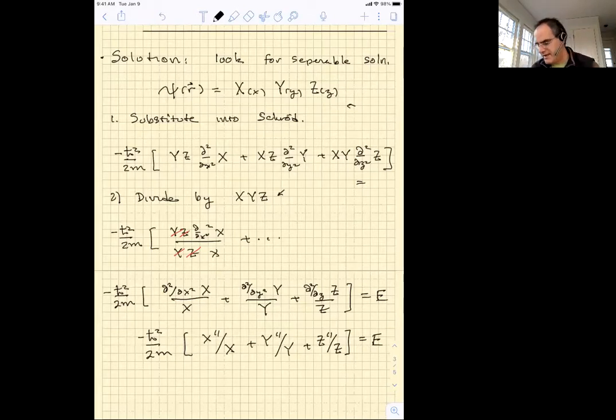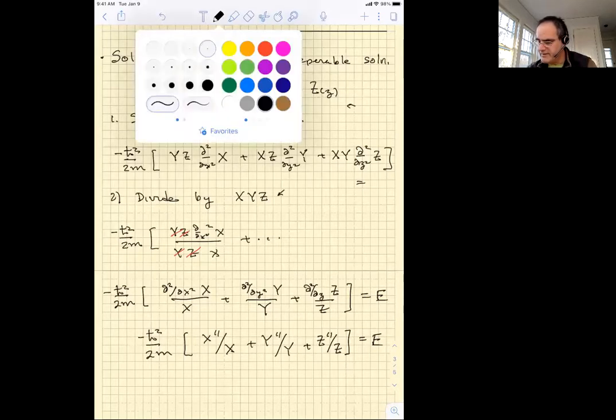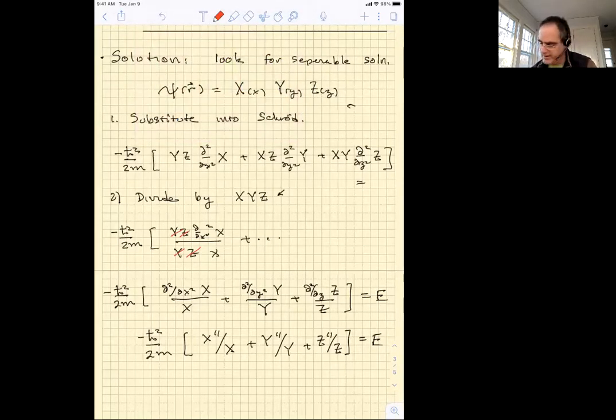Here I've used double prime to mean the second spatial derivative with respect to the important variable. So in this case, x double prime over x means the second derivative of x with respect to x divided by the x function, plus the second derivative of the y function with respect to y divided by y, and so on. I've done this to make things look simple because I want to make an important point.